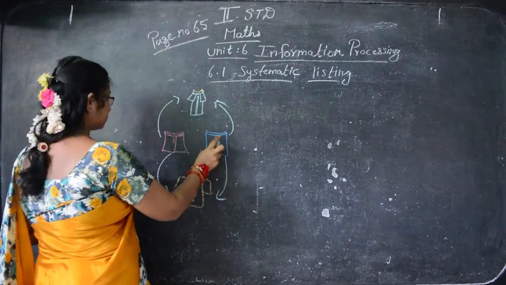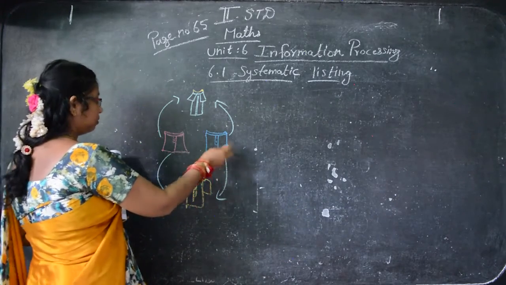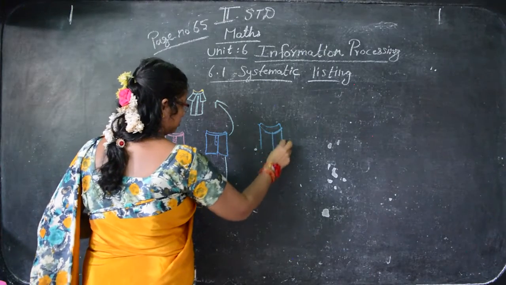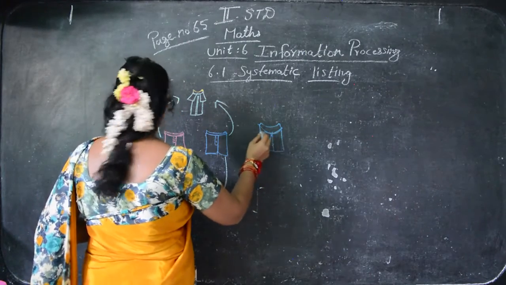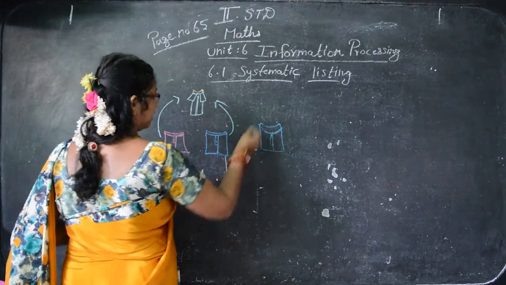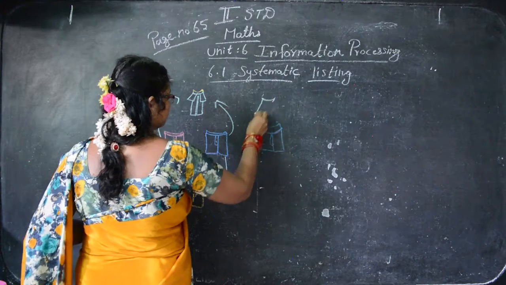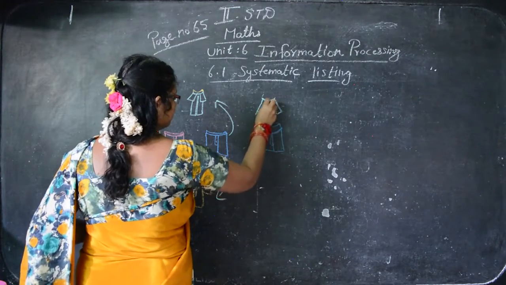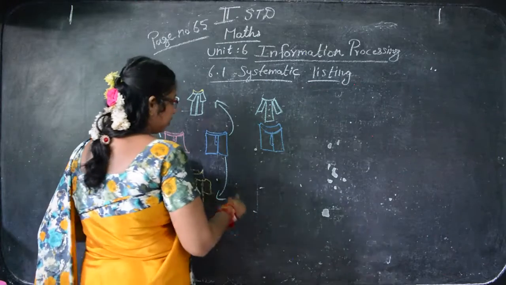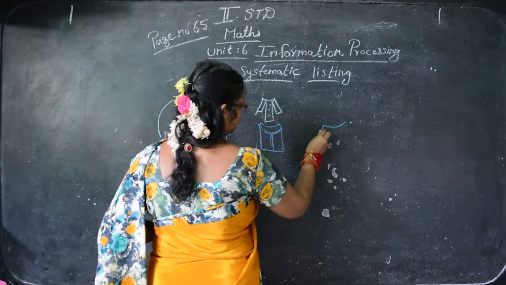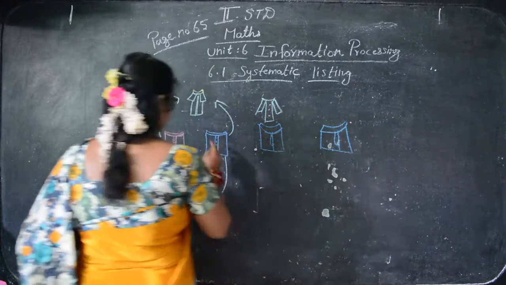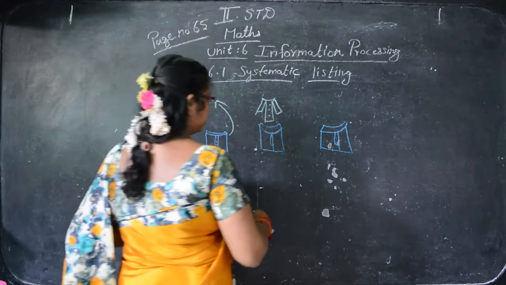See here, blue color. For this blue color, we can wear the green color shirt. Same for blue shorts, we can wear the yellow shirt.